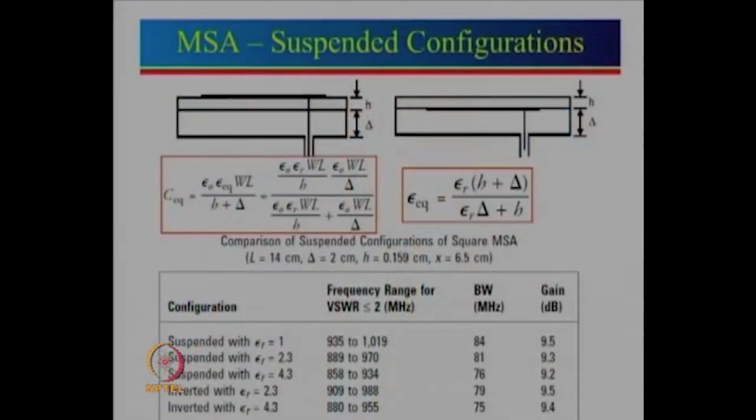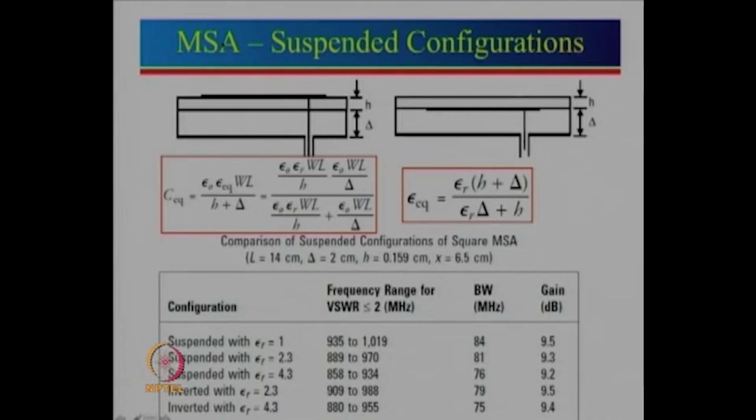Over here then we have a substrate, and a patch is printed on the other side and a probe is fed. In this case here, the patch is printed underneath the substrate and then the probe is connected to this one here.